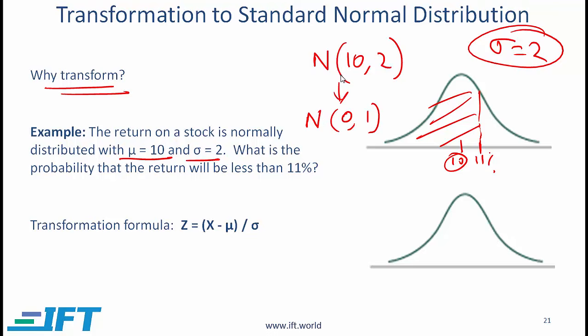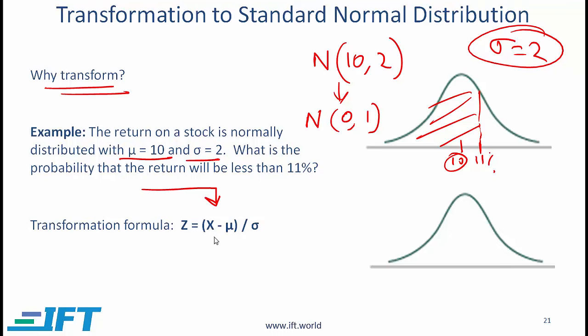The normal distribution with mean 10 and standard deviation 2 needs to be transformed into a normal distribution with mean 0 and standard deviation 1. Once we've done this transformation, then we can simply read probabilities off the table. To do the transformation, here is the formula that is needed.